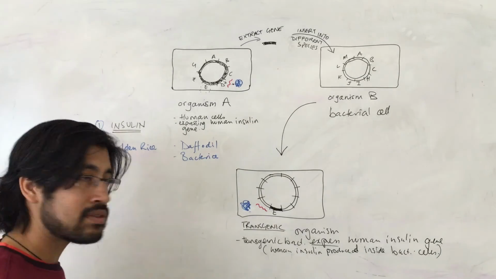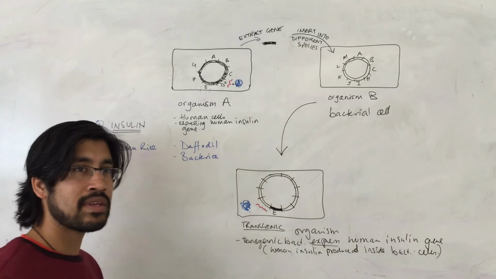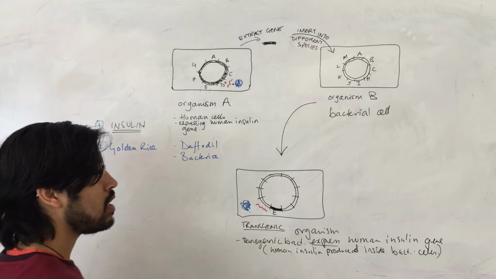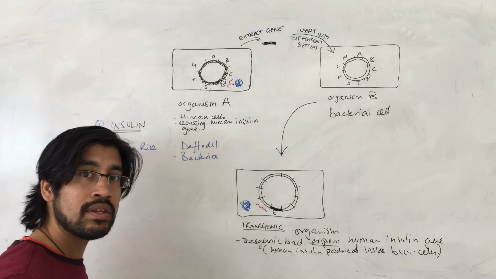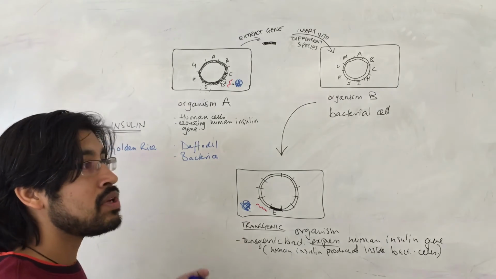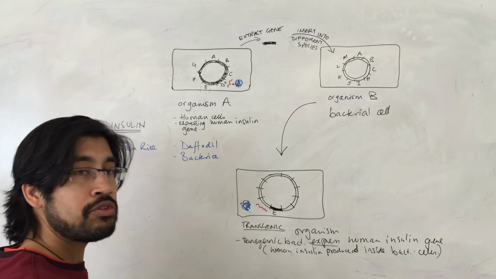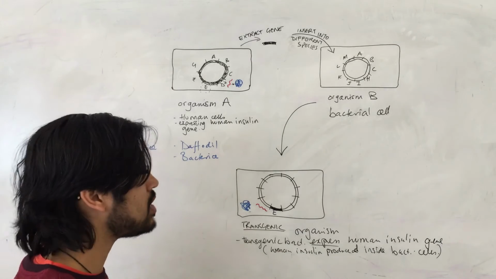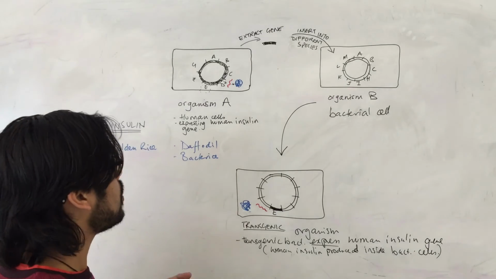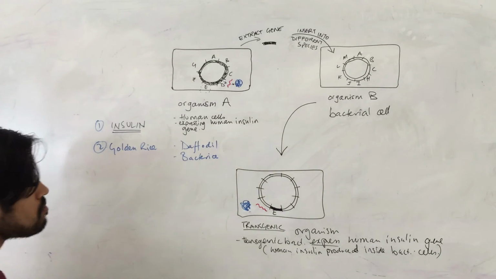Rice normally has very low levels of beta-carotene, which is lacking in the diets of certain parts of the world population. One idea was to increase the level of beta-carotene in rice, which was consumed quite a lot by that population. So how do we do that?